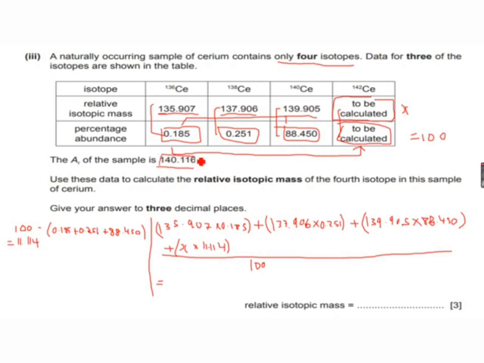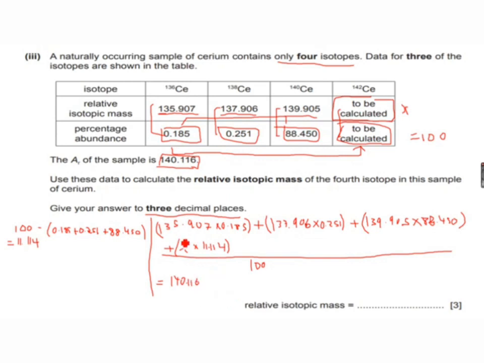So they've already given me the relative atomic mass, 140.116, and I have to calculate the relative isotopic mass to 3 decimal places. They have specifically said 3 decimal places, so I will give my answer to 3 decimal places.